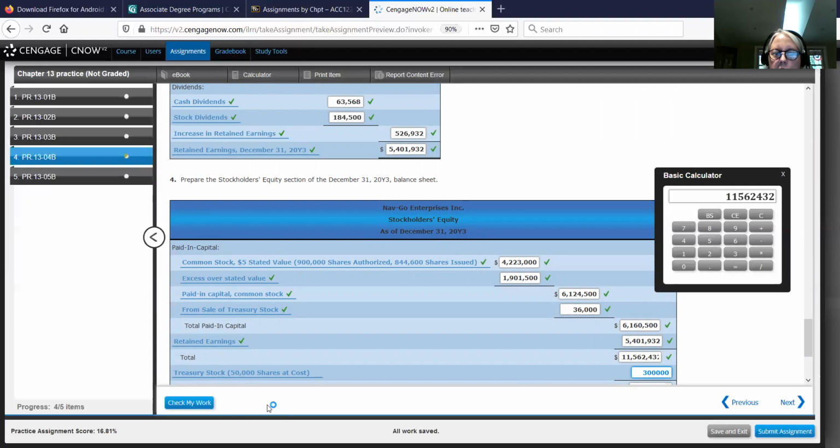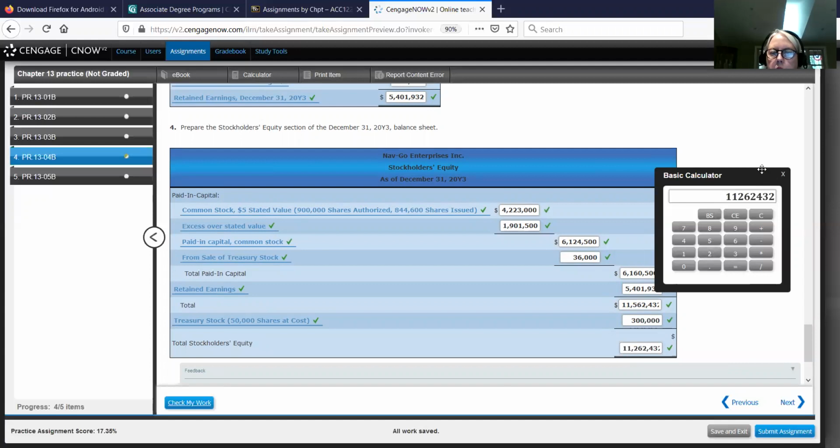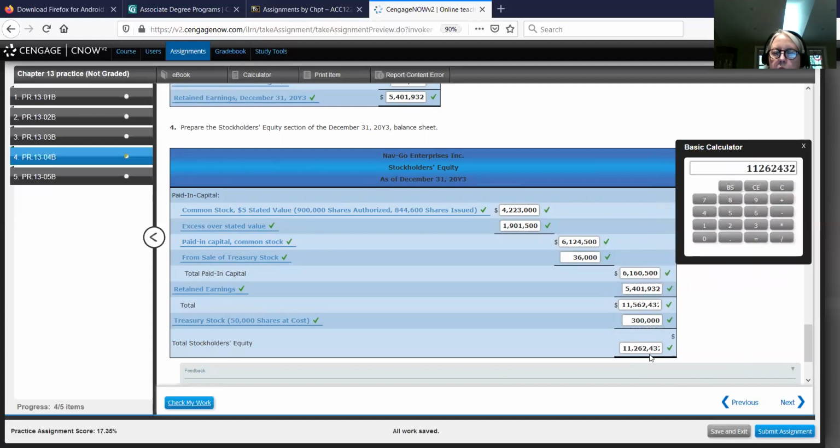It is deducted from the total that you got earlier. So we're going to subtract 300,000 of treasury stock from that previous total, and that's going to leave us with a total stockholders' equity of 11,262,432. And so that's your stockholders' equity section of the balance sheet. Again, that last 2 doesn't show up there, but this is the total right here.